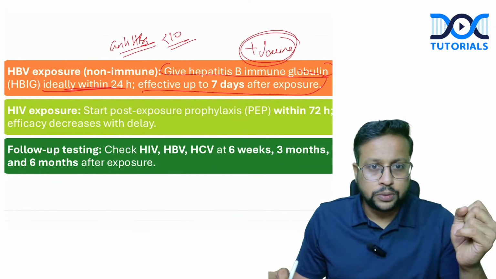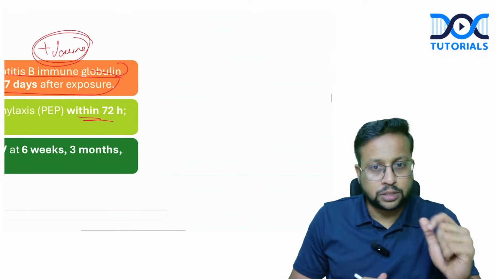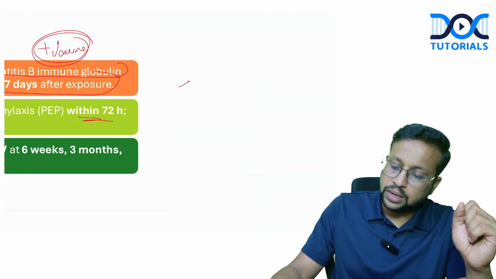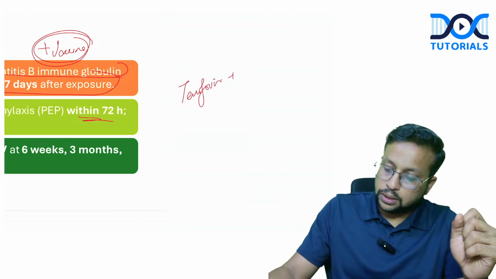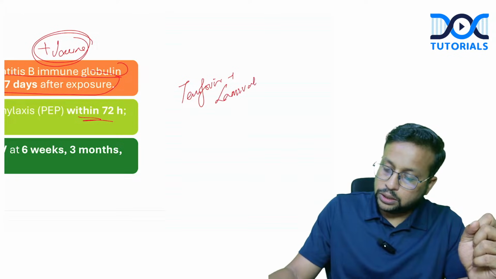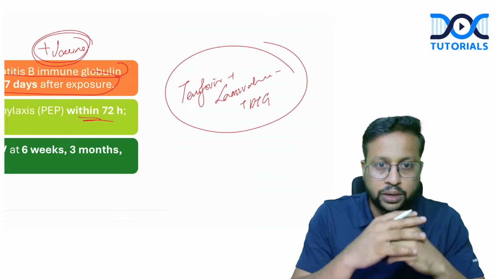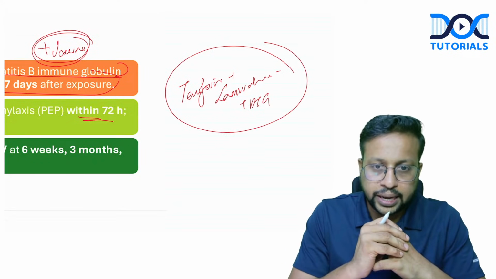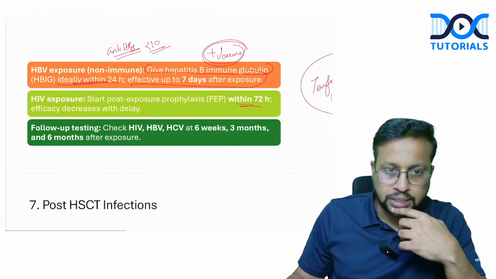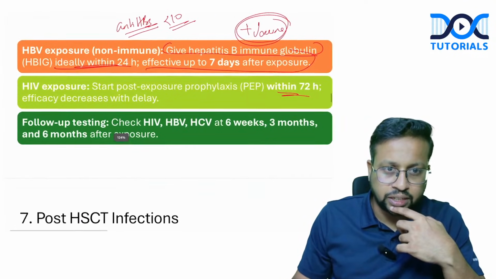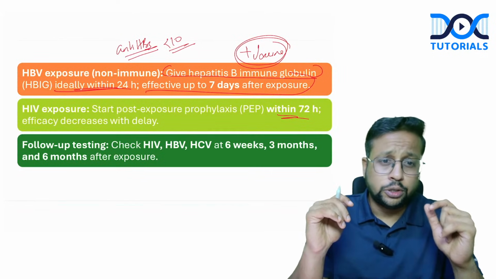For HIV exposure, you start the post-exposure prophylaxis within 72 hours. What is the post-exposure prophylaxis that is currently recommended in India? Tenofovir plus lamivudine plus dolutegravir. This is the current recommended prophylactic regimen according to NACO. For hepatitis C, you don't have a prophylaxis regimen and you don't use antivirals for prophylaxis, but you should do follow-up testing.